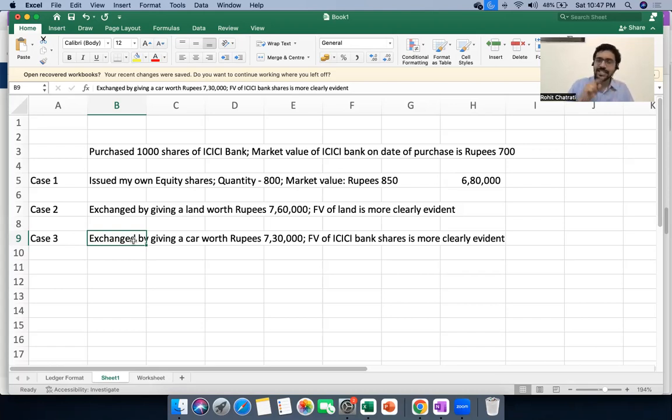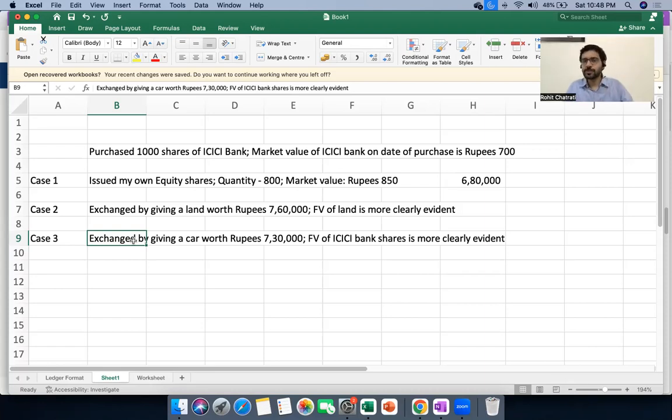Is the fair value of ICICI more evident, or is the fair value of the car more evident? In this case, the fair value of ICICI Bank is more clearly evident, and therefore I will recognize the investment in ICICI at 7 lakh rupees itself. I will be recognizing it at the fair value of ICICI Bank only, which is worth 7 lakh rupees.